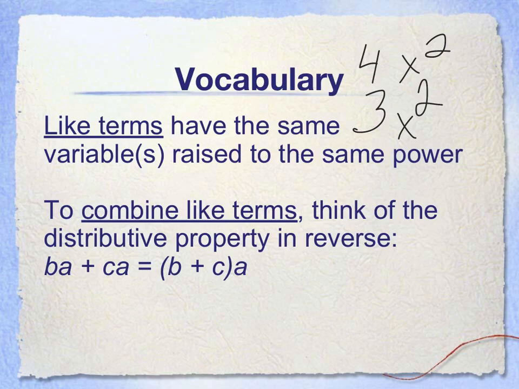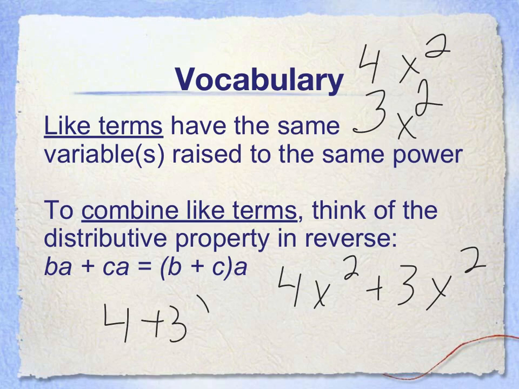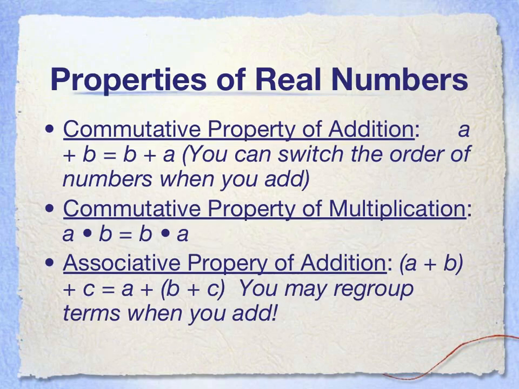To combine like terms, we could add 4x squared plus 3x squared, and we end up getting 4 plus 3 and then times that x squared, which would give us 7x squared. So that's what we're looking at when we talk about combining like terms. The letters have to be the same and they have to be the same power in order to add them. If they weren't, then you couldn't do anything and you just have to leave it.